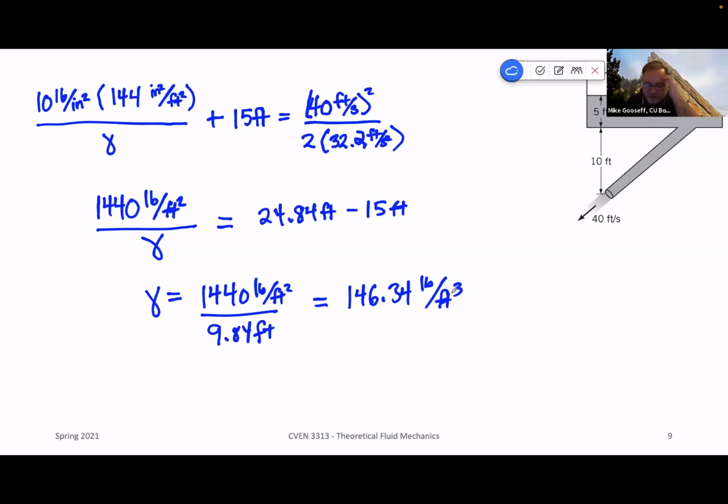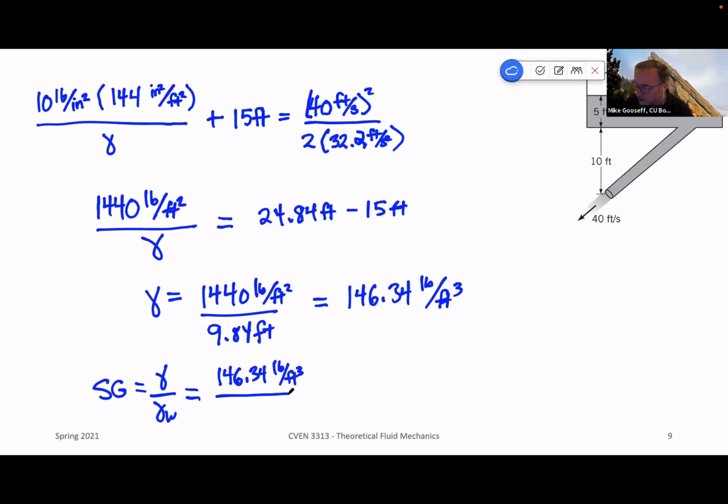And if we compare that with that of water, so in other words, recall SG is equal to gamma over gamma water, and in English units, our gamma is 146.34 pounds per foot cubed.